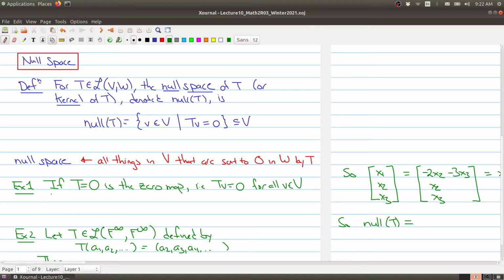So in this case, the null space of T is all of your vector space V. So that's one example of a null space.